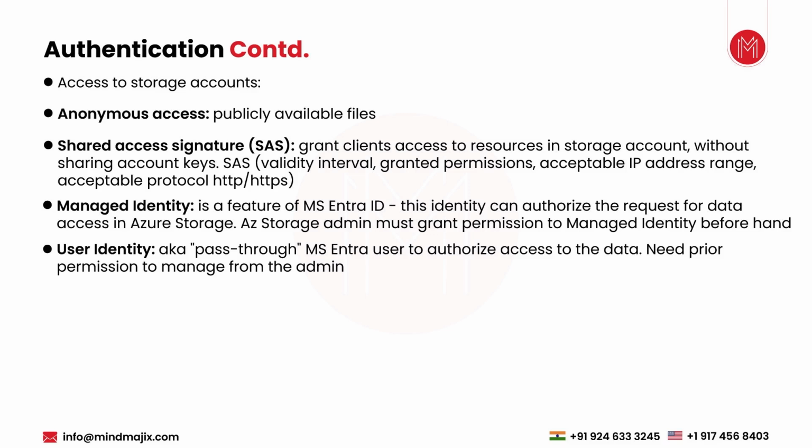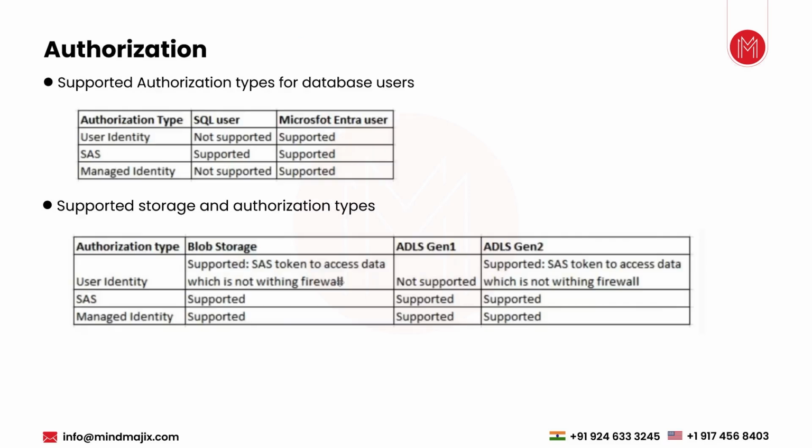If you are a paid customer of Microsoft, you would be given a unique identity, Microsoft Entra ID. And what these can or cannot do against a blob storage, ADLS Gen 1 and Gen 2. And I think that's it.